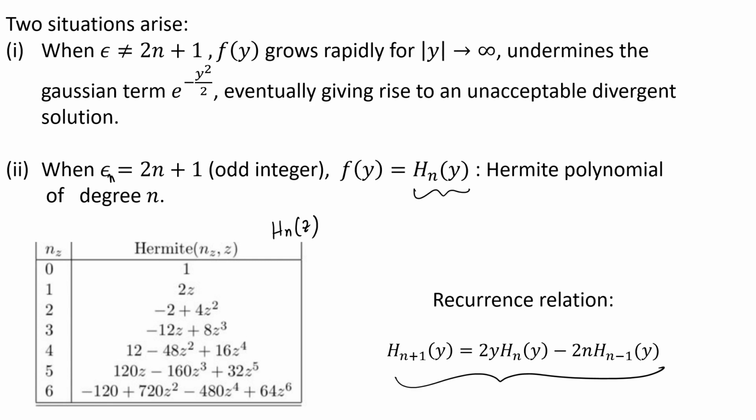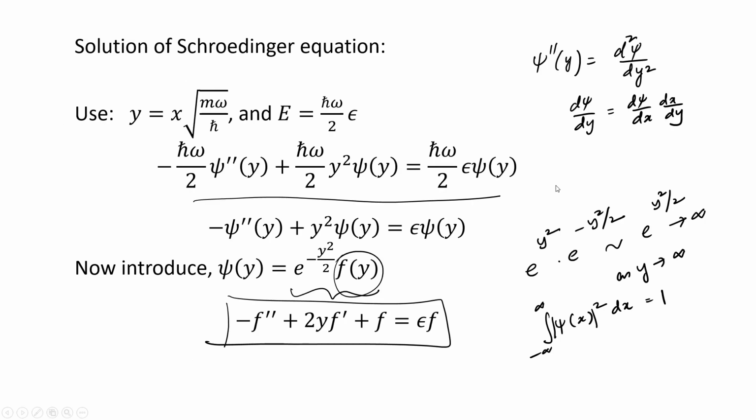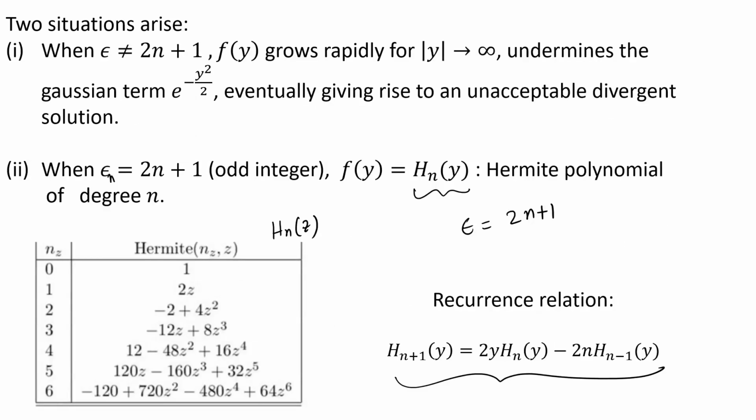So, what we have nicely got is that this epsilon becomes equal to 2n plus 1. If you look at the transformation, E equals h cross omega by 2 times epsilon. So, E becomes equal to h cross omega by 2 times 2n plus 1, and that tells you that this is equal to n plus half h cross omega, and that is a result that you must have seen.